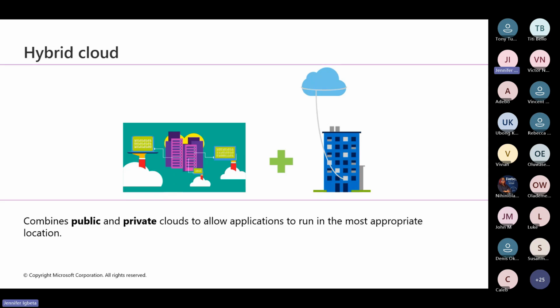So far we have discussed what cloud computing is. We've also talked about the concepts of cloud computing. And we've talked about the different kinds of cloud environment, for example, the public cloud, the private cloud, and the hybrid cloud.